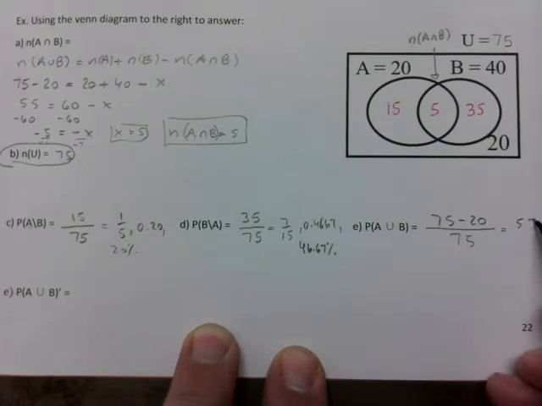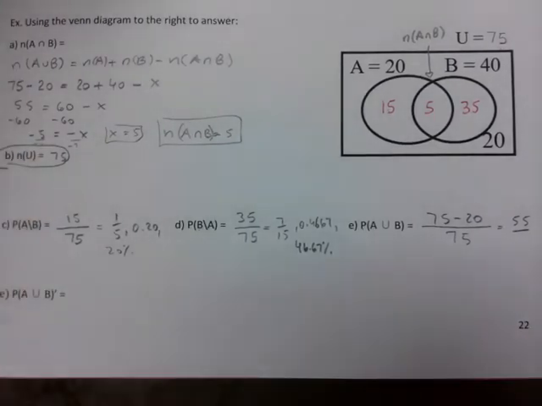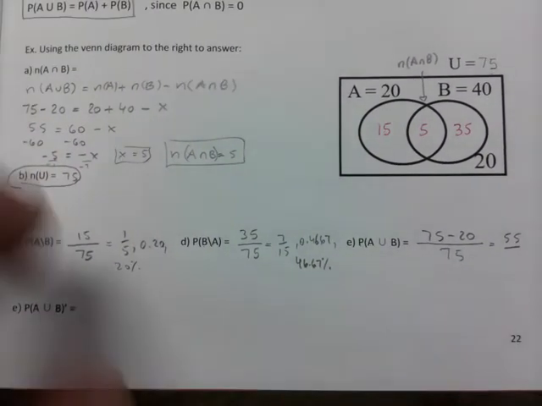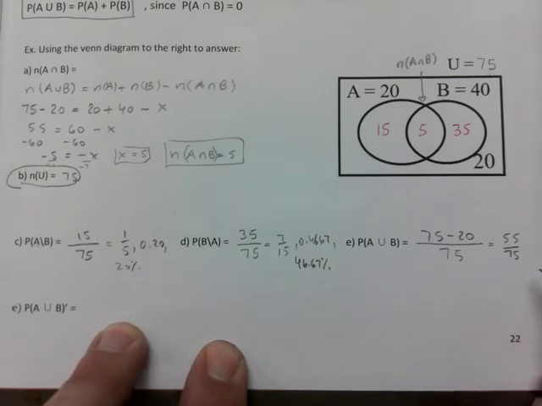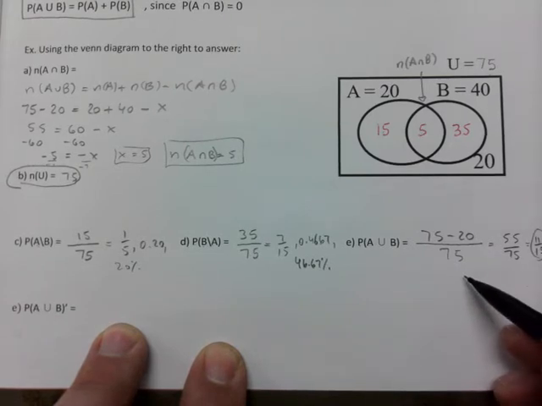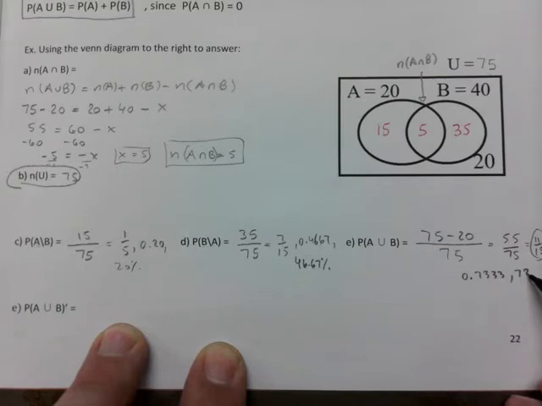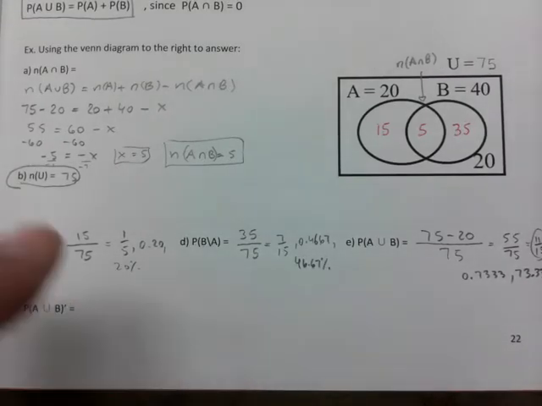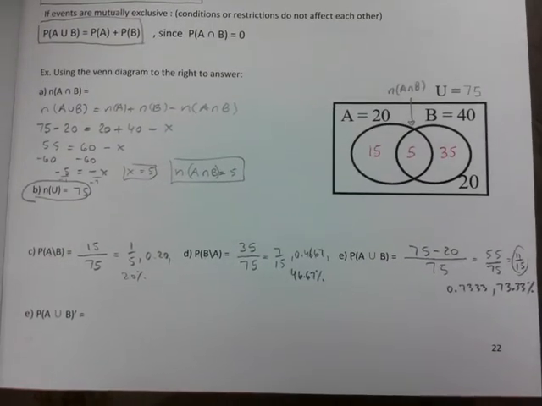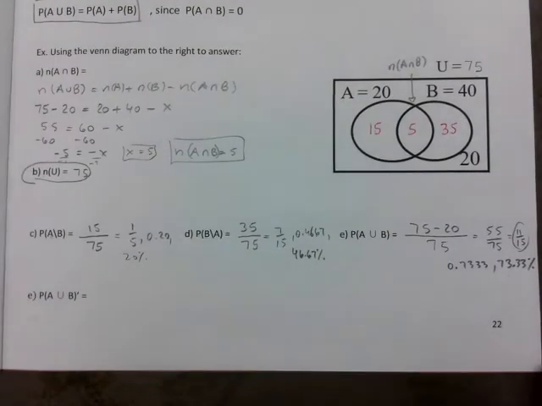So that's 55 over 75, which turns out to be 11 over 15 as a fraction, which would be 0.7333, which is 73.33%. Sorry, guys, I still have to zoom out. There we go.